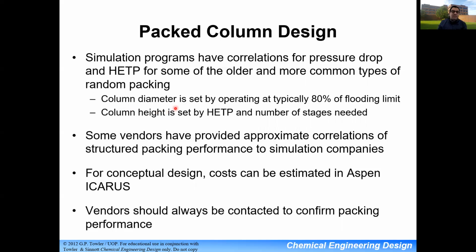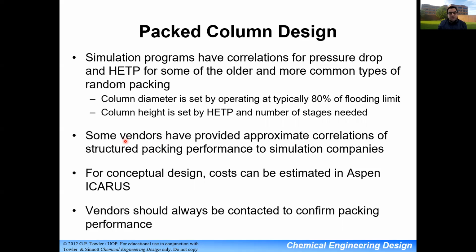Usually when designing these columns, you set your diameter by operating at 80% of the flooding limit. And as you progress through your career, or by experience, you're going to get a better understanding of what this means. Again, I highly recommend, if you're interested in distillation, to read the chapter in Perry's Handbook.